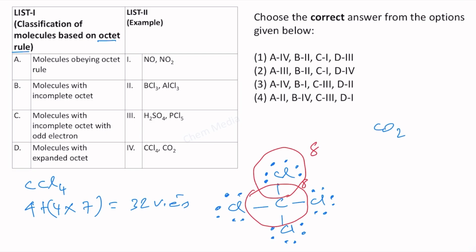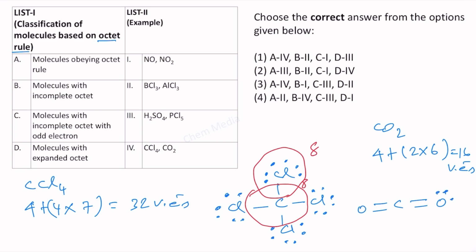Likewise, for CO2 we have 4 valence electrons in carbon and 6 valence electrons for each oxygen, and we have 2 oxygen atoms, therefore 4 plus 12, which is 16 valence electrons in total for CO2. Carbon is less electronegative than oxygen, therefore carbon comes at the center, and we can make 2 bonds with each oxygen atom.